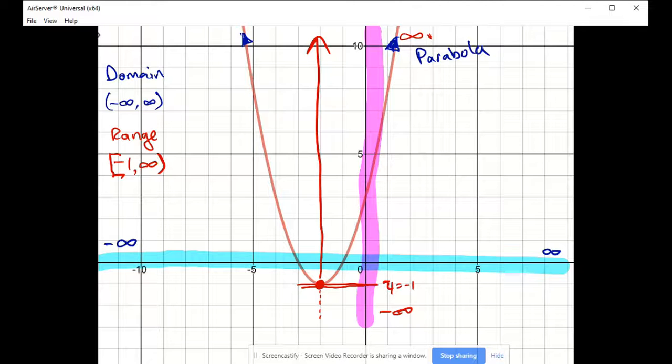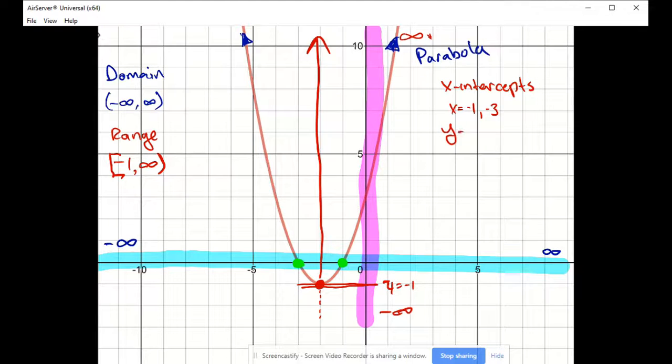Now let's take a look at our x-intercepts. Our x-intercepts are quite simply where our graph touches or crosses our x-axis. And so you can see we have one at x equals -1, and then one more at -3.